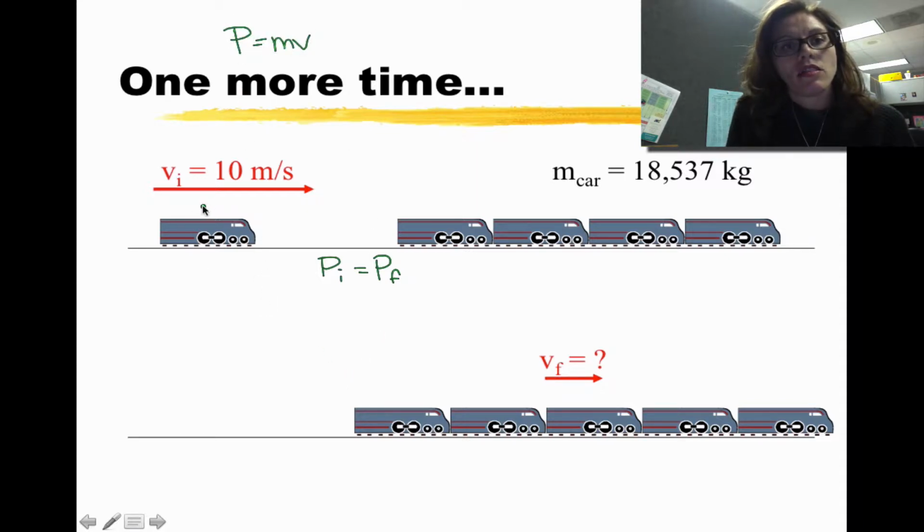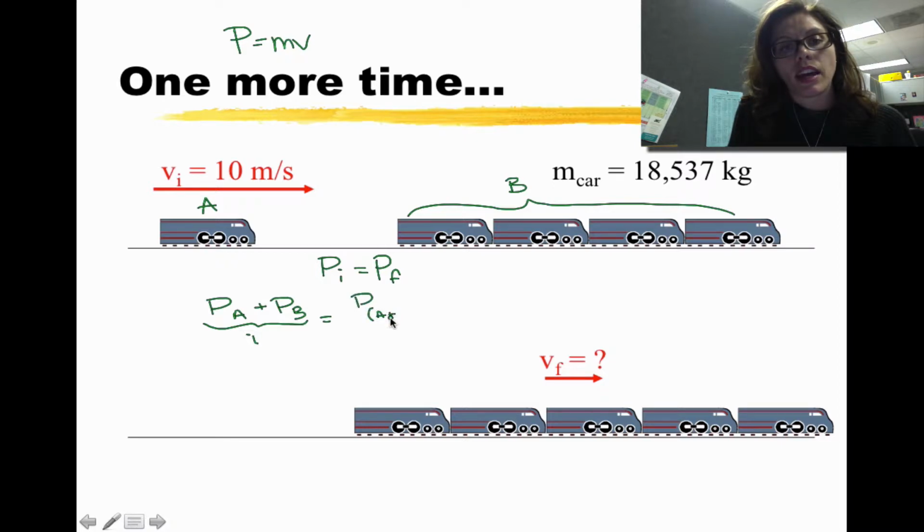Right? So let's call this boxcar A, and then we'll call all this together B. So we have the initial momentum for A plus the initial momentum for B, so this is all initial, equals the final momentum of A and B together, because they're all together.